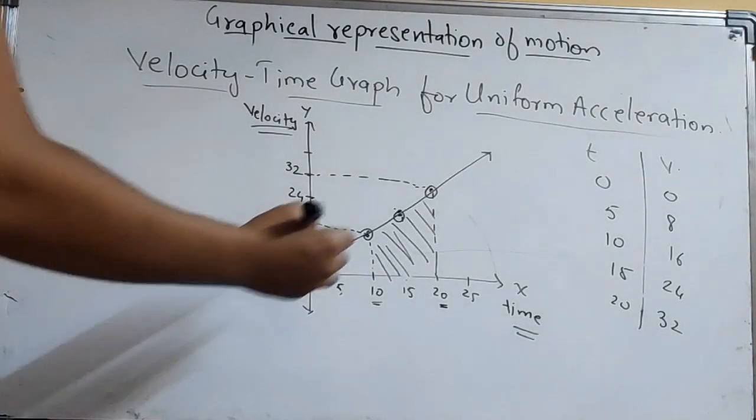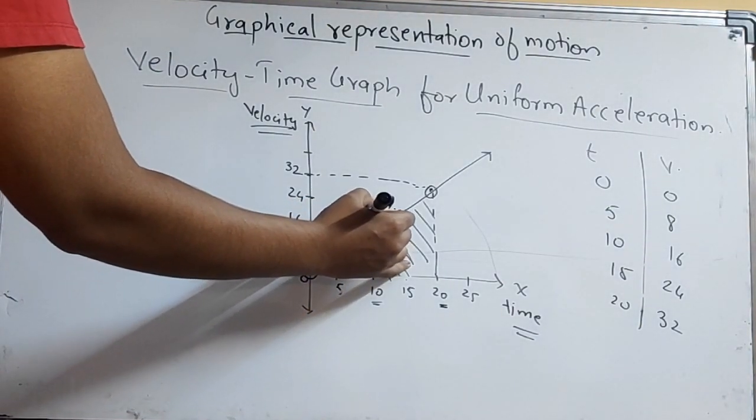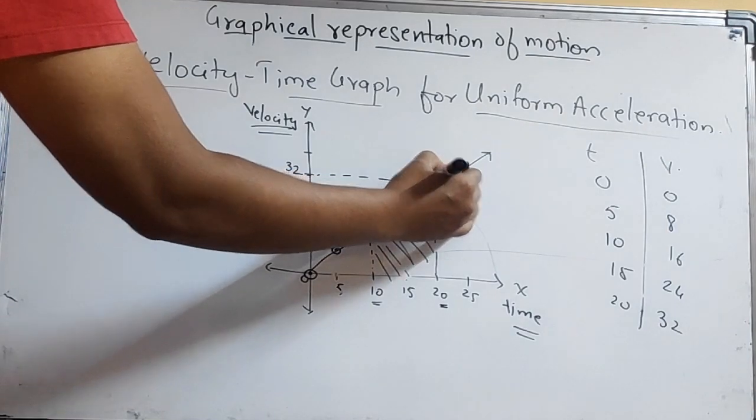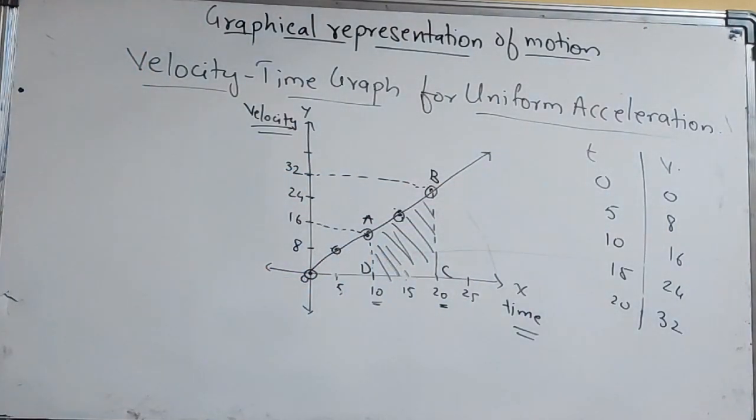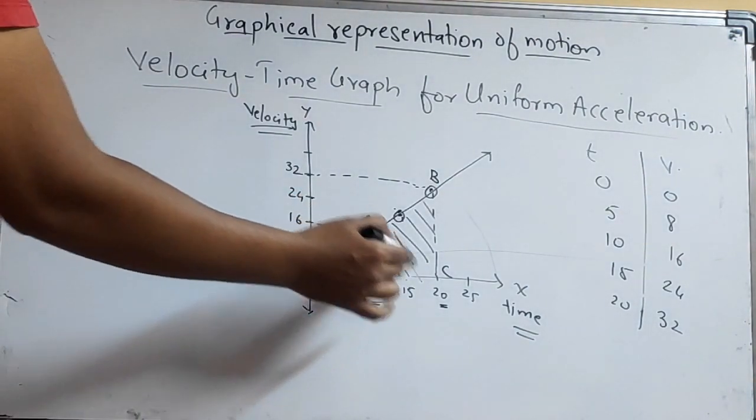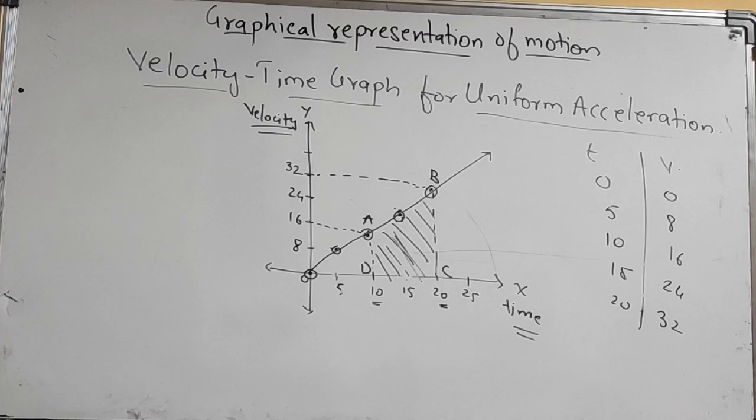I will just give a name to the vertices. Say this is A, this is B, this is C, and this is D. Now, the distance covered by this object is given by the area of this trapezium ABCD.